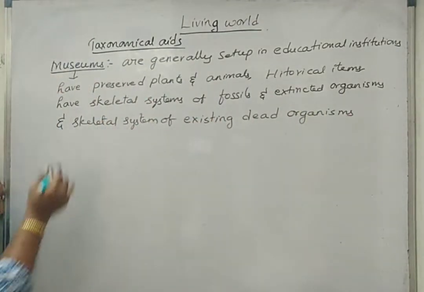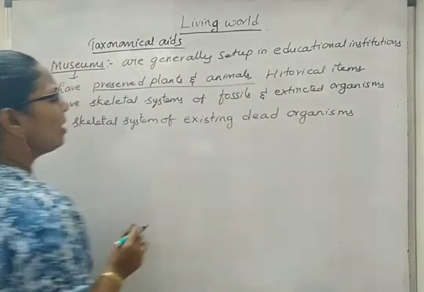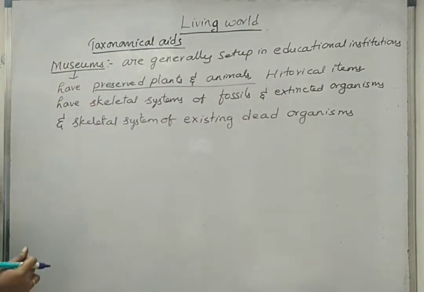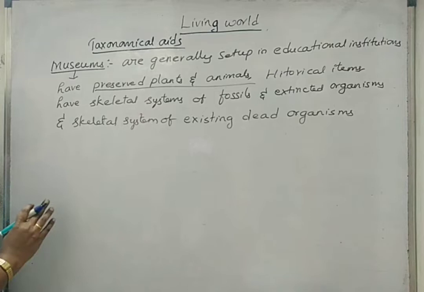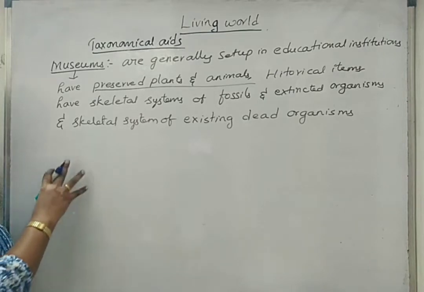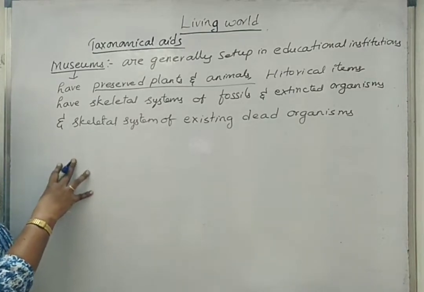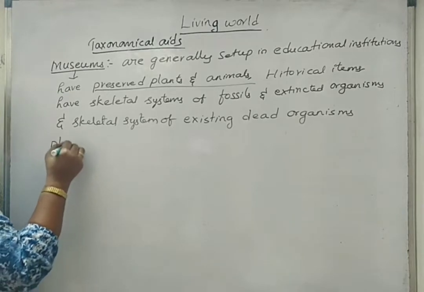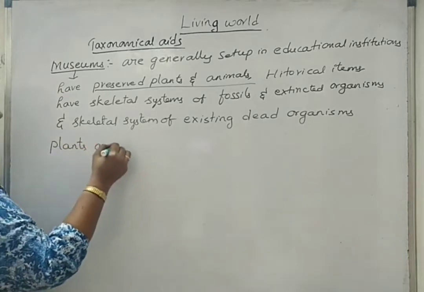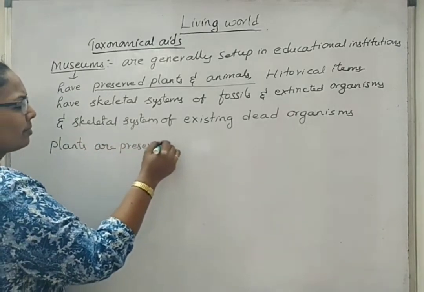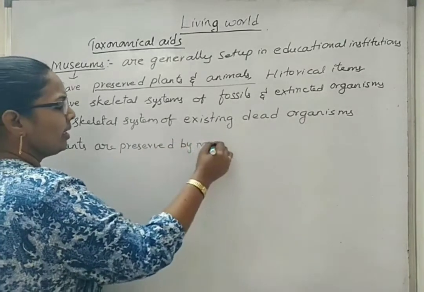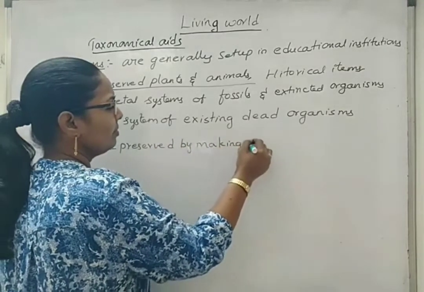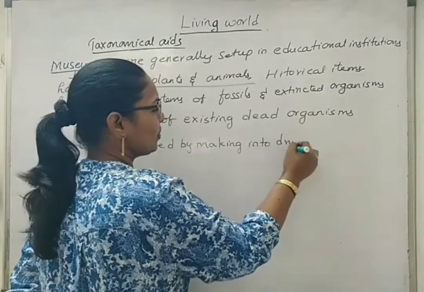So we have used a term like preserved plants and animals. How are plants preserved? Plants are preserved by making them into dry specimens. We can write, plants are preserved by making into dry specimens.